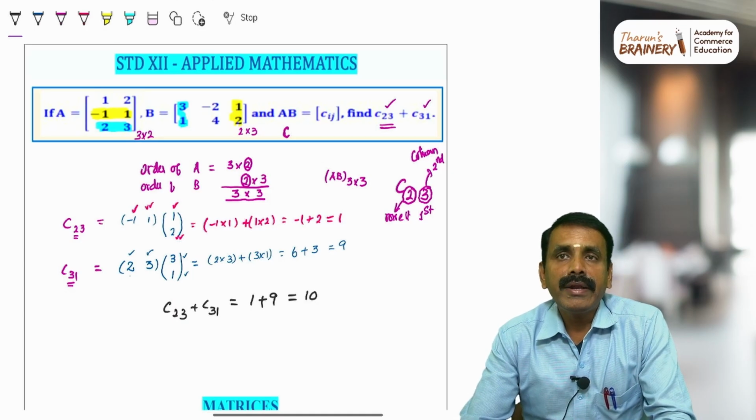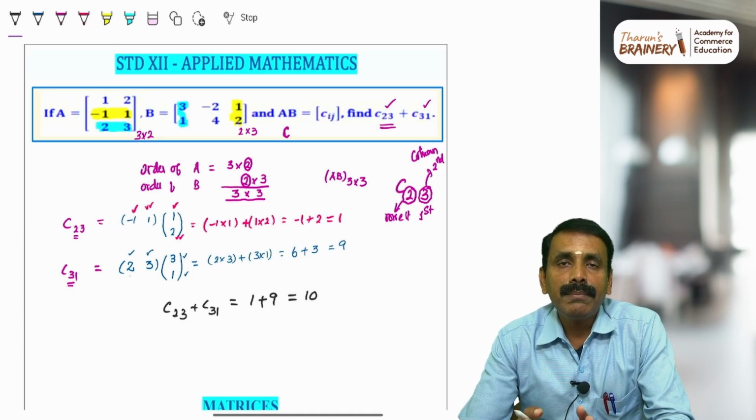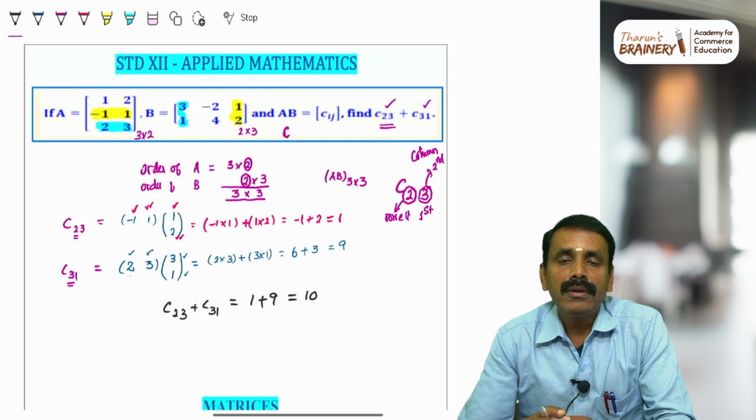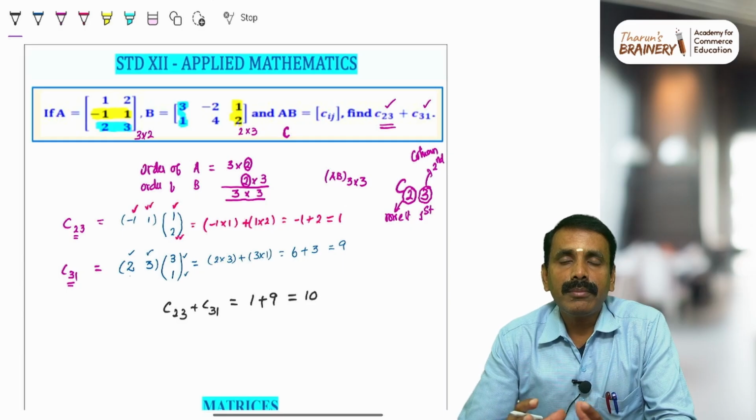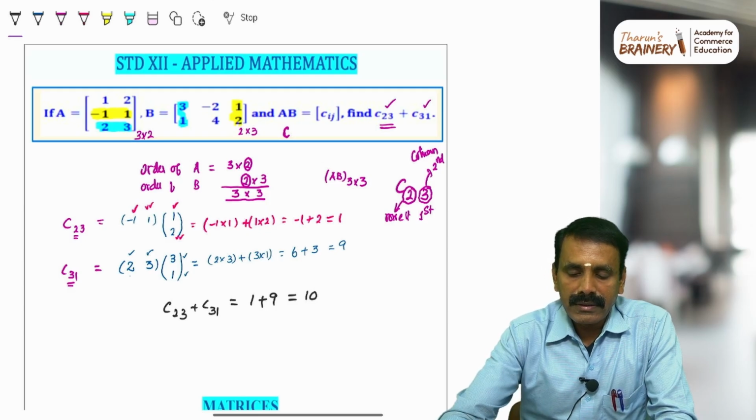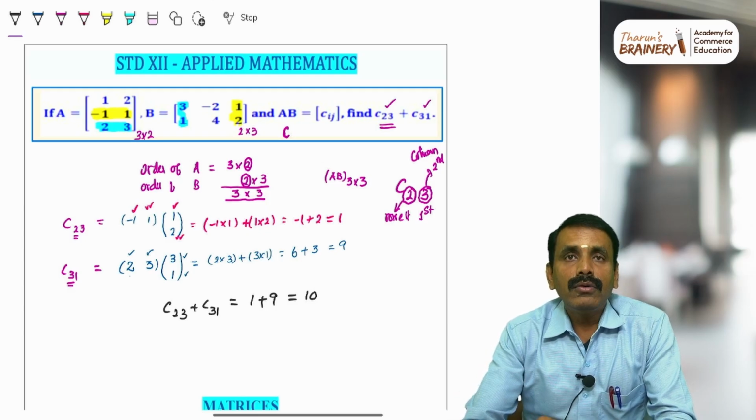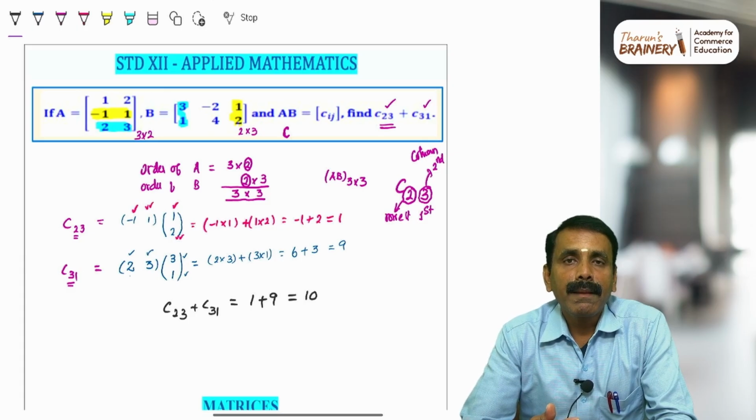So here we are finding a particular element of the product of the matrices without performing the full multiplication. Without finding the entire multiplication of two matrices, we are able to find a particular element. Is it clear? So in this session, we have learnt how to find the product of two matrices.